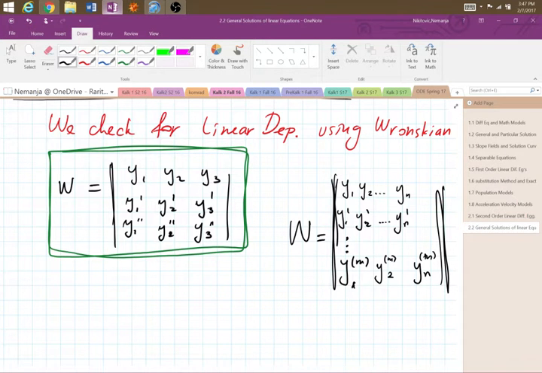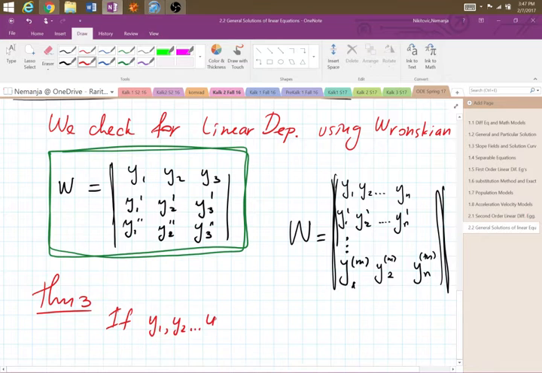So the theorem says if y1, y2, all the way through yn are linearly dependent, then the Wronskian is 0.